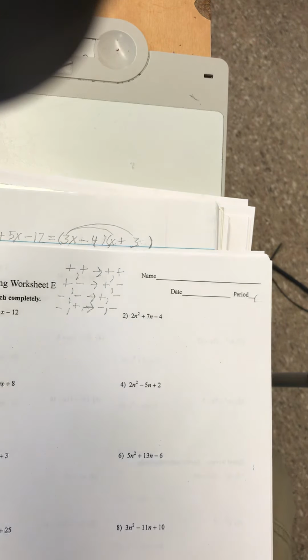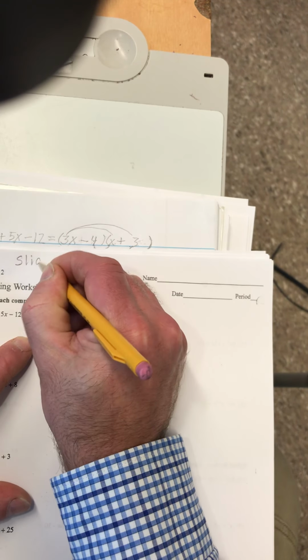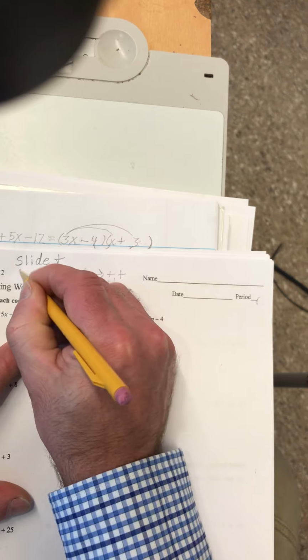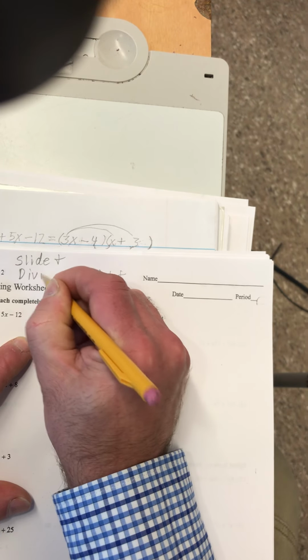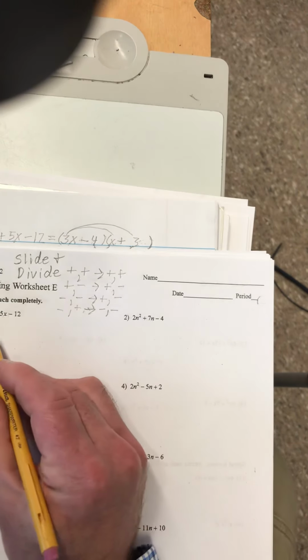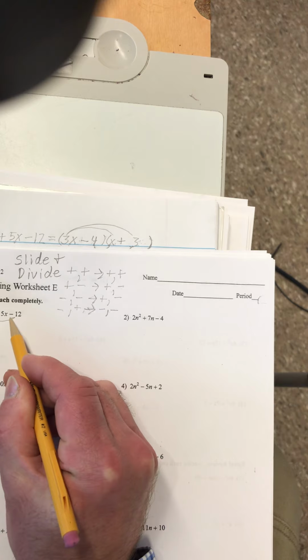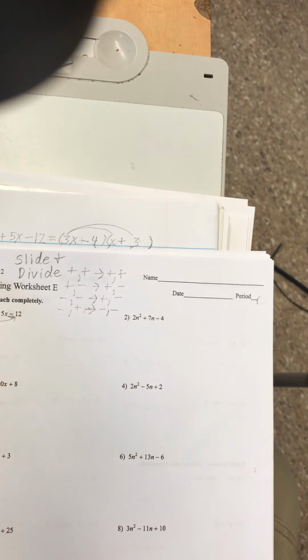So for slide and divide, the first step I'm going to do is take that 3 and multiply it times the value over here.